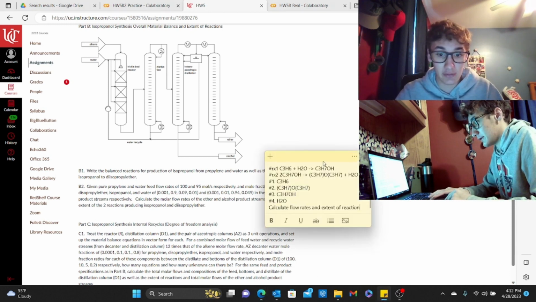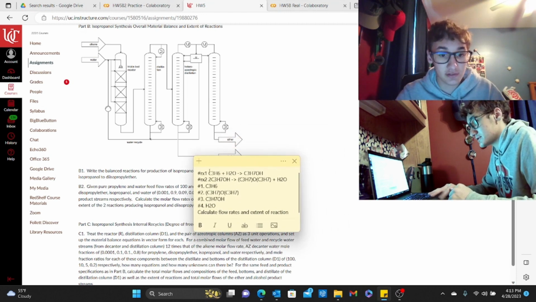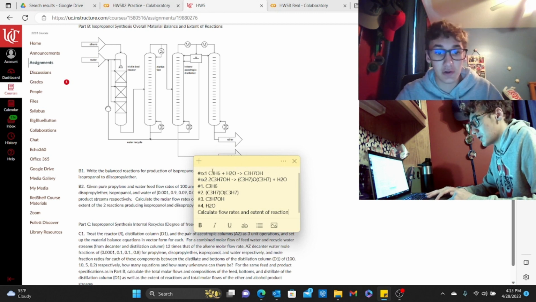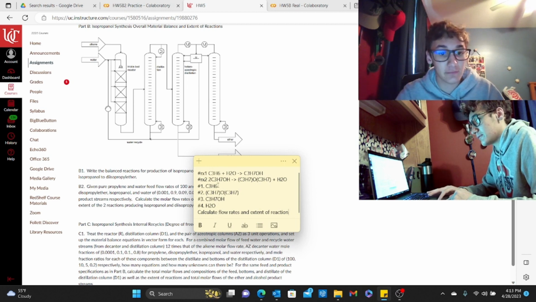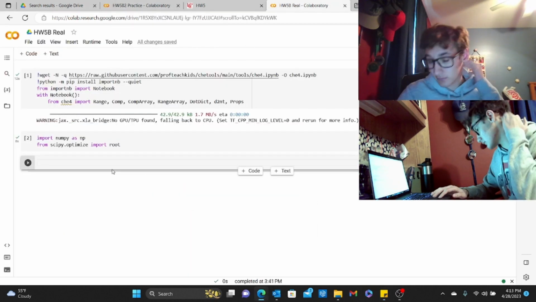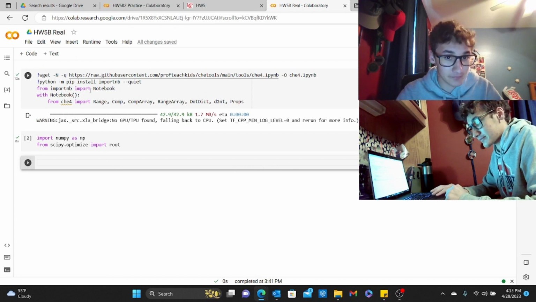What I've written down here is a reminder of what we went through. This is reaction 1 and reaction 2, which are stoichiometrically correct, along with the order we're going to use. And these are what we want to calculate. Before I start, let's get what we have up here.